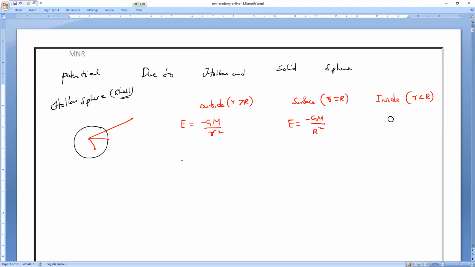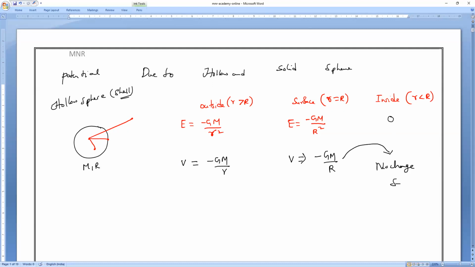Now I have told you, having a mass M and radius R, what is the potential, everybody? Potential outside is equal to minus GM by r. Potential on the surface is equal to minus GM by capital R. And I just said from the surface to the inside, no change will take place.